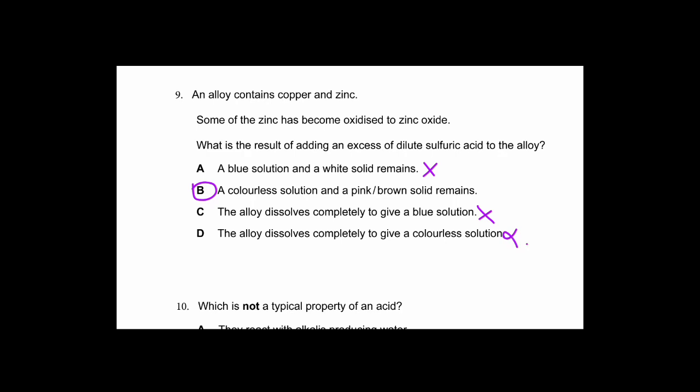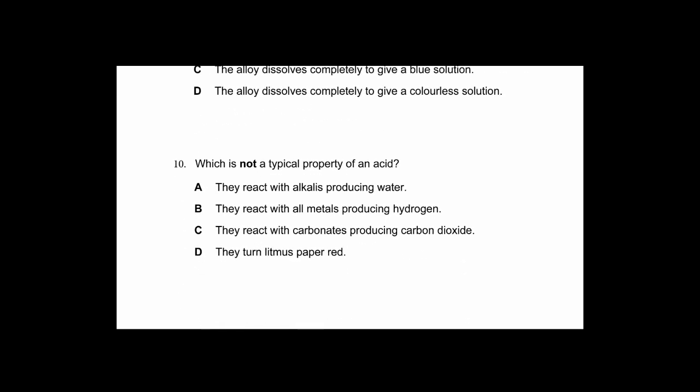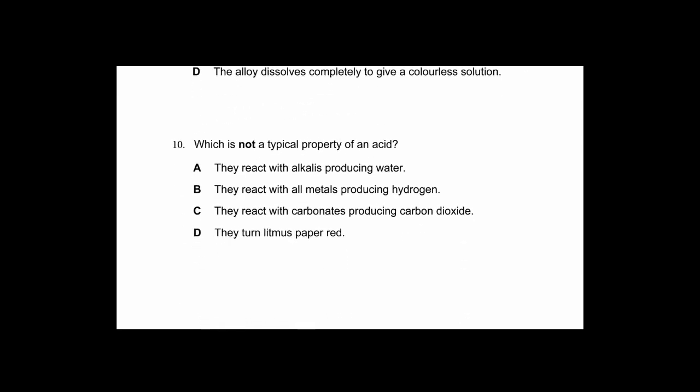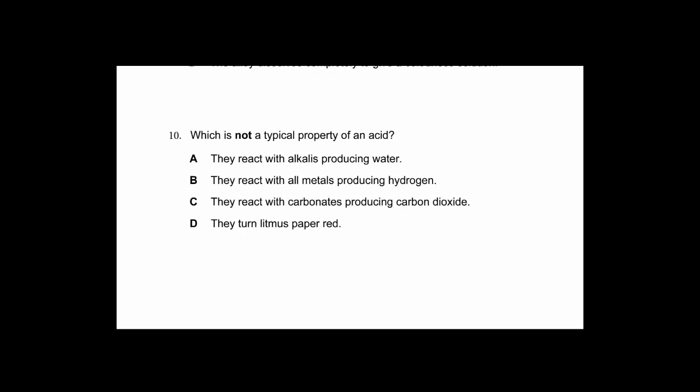We continue. Which is not a typical property of an acid? So we are looking for the answer which is not a property of acids. A, they react with alkalis producing water. This is true. B, they react with all metals producing hydrogen.